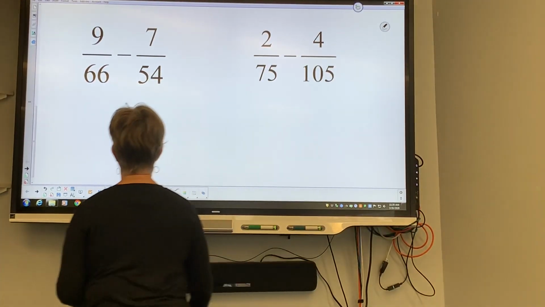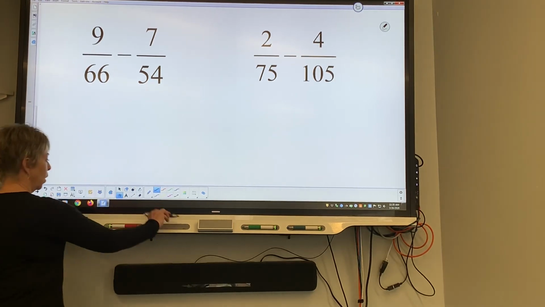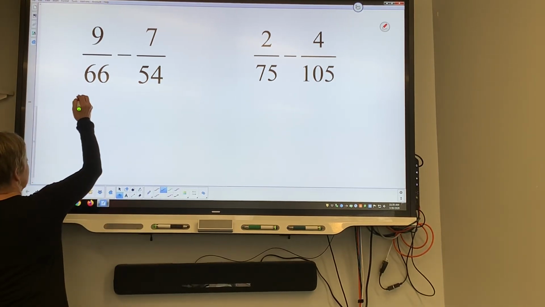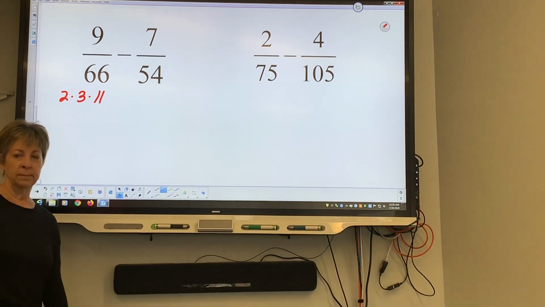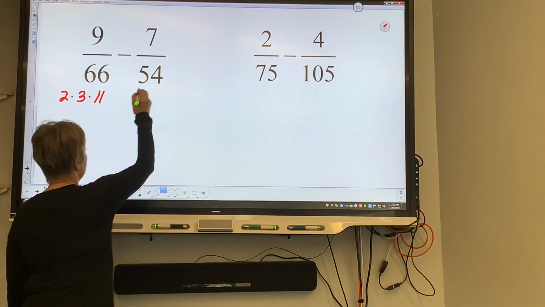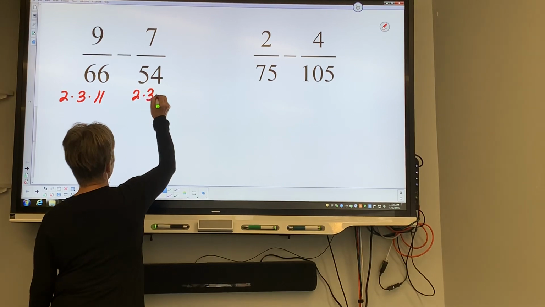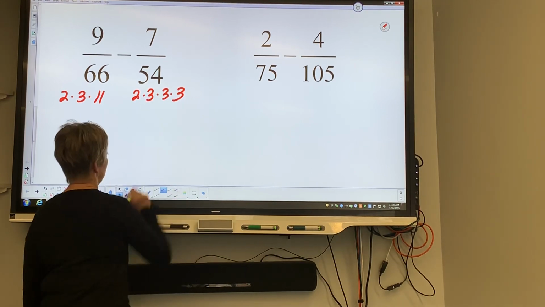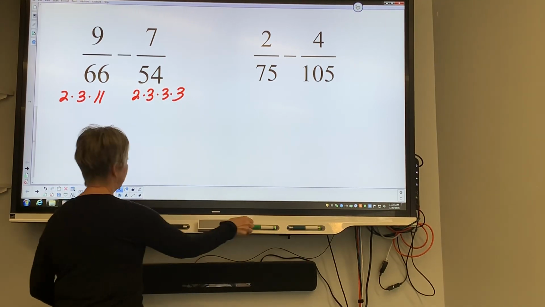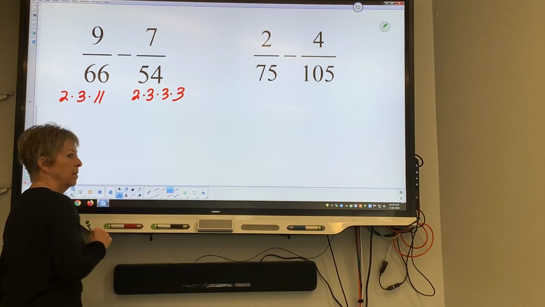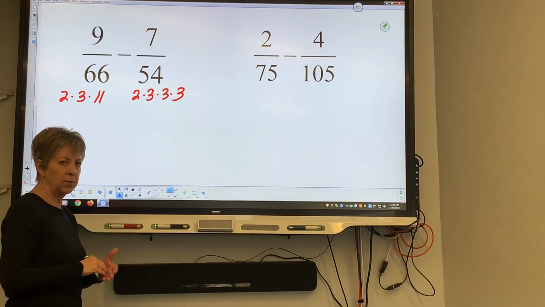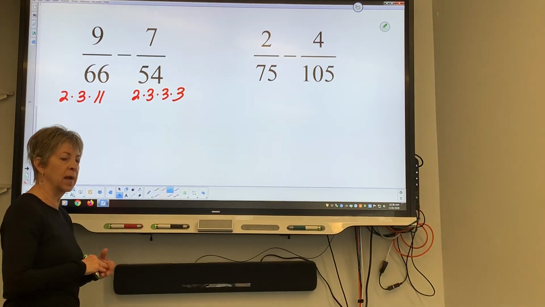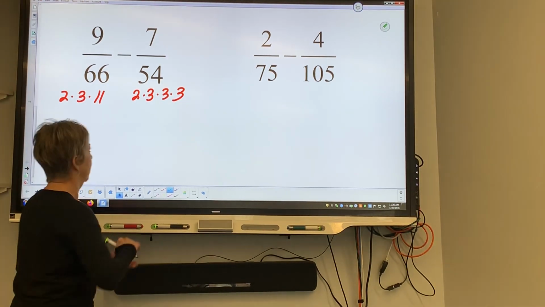Okay, let's see. If you did the prime factors on this, that's 6 times 11, so 2 times 3 times 11. Am I good there? This is 6 times 9, so 2 times 3 times 3 times 3. So if I'm finding the least common denominator, I need each factor the most number of times it appears in any one denominator.